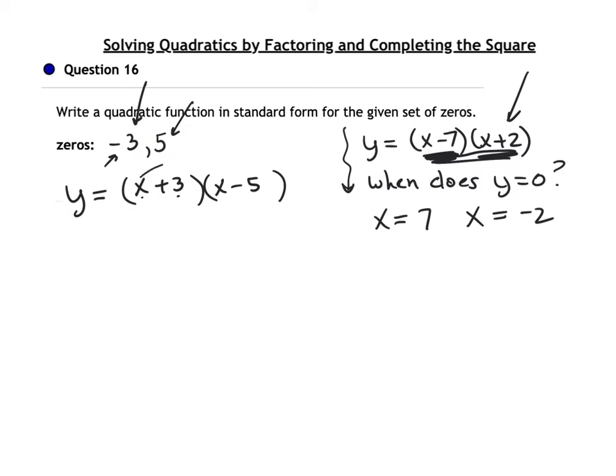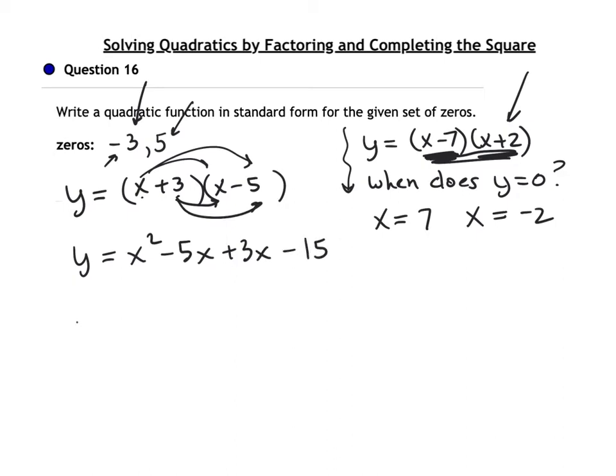Then what you're going to do is FOIL it out, multiply x to both of them, y equal x squared minus 5x, and then take the positive 3 to both of them. Positive 3 times x is positive 3x, and positive 3 times negative 5 is negative 15. So the equation that would have zeros of negative 3 and 5, the simplest equation anyway, would be y equal x squared minus 2x minus 15.